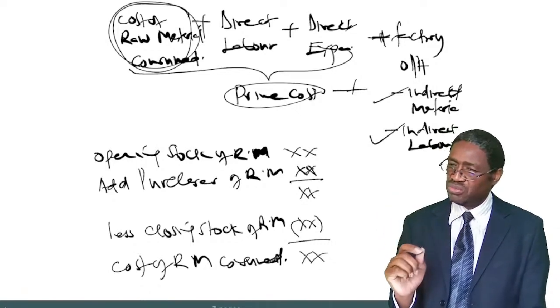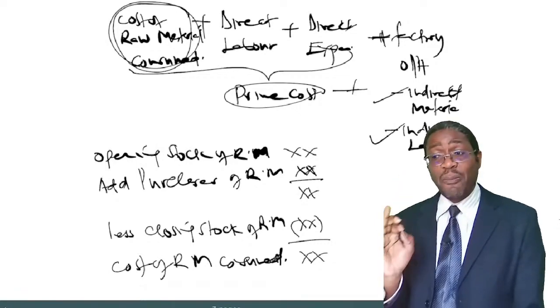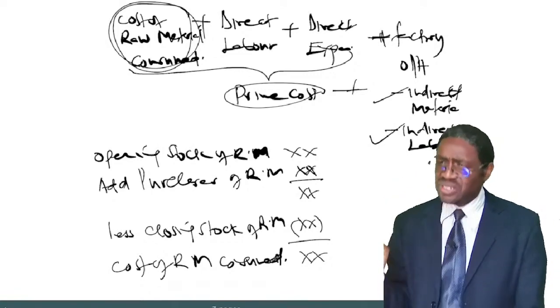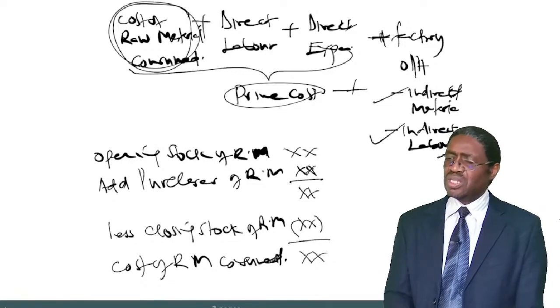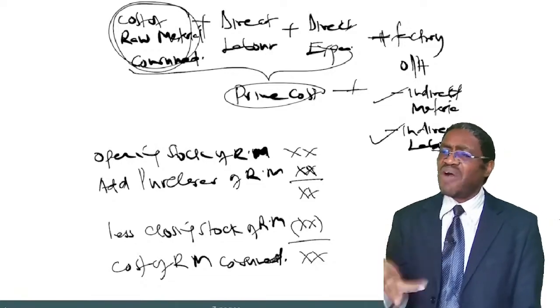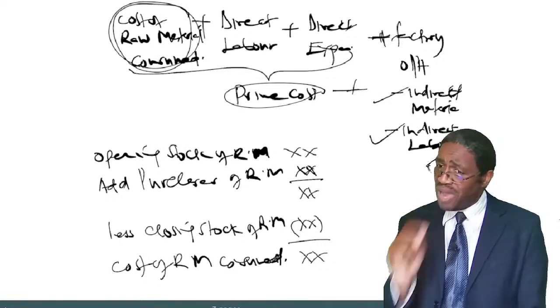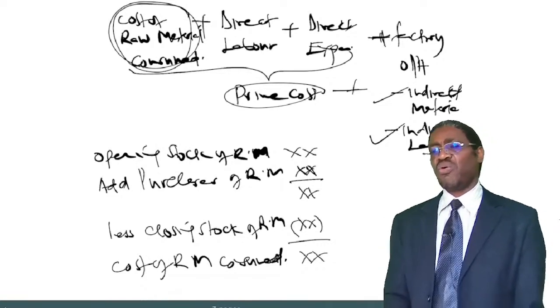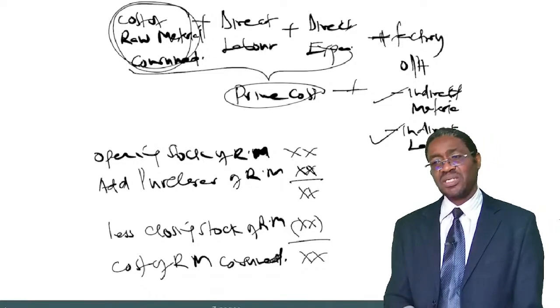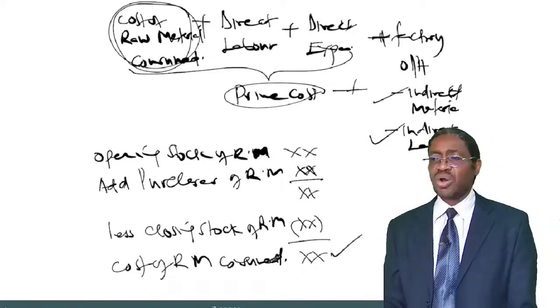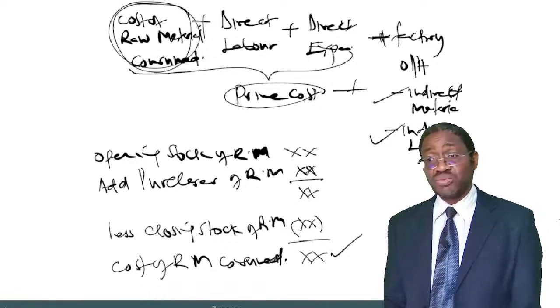You take the opening stock of the materials, add the purchases of raw materials, which gives you the raw materials available for use. But not all of them were used, so you minus the closing stock of raw materials. That gives you the cost of raw materials consumed.